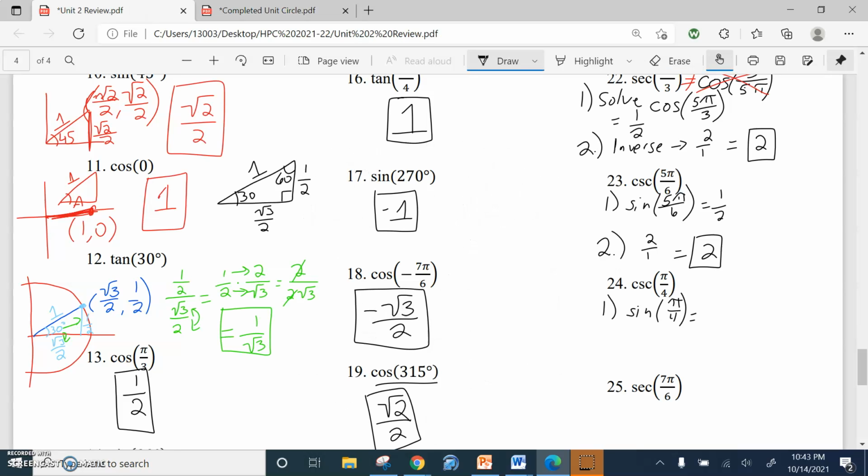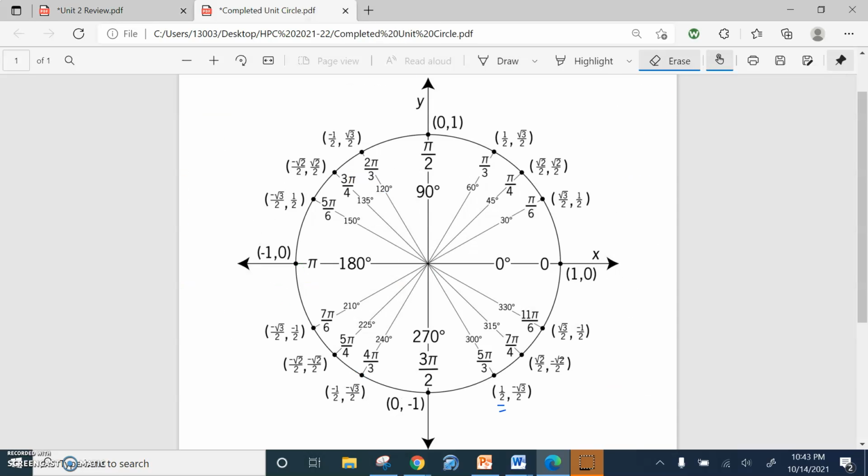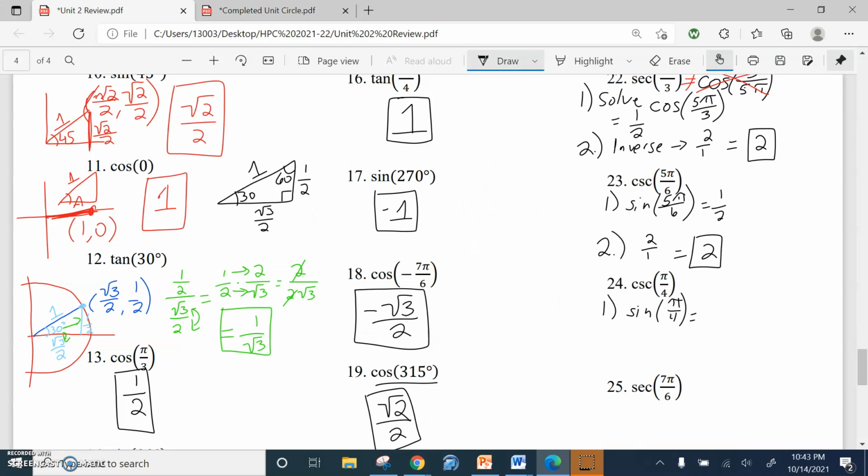But sine of pi over 4, here's pi over 4, right here. Sine is the y value, so our answer is square root of 2 over 2. Step 2, we invert that and say 2 over the square root of 2. By the way, that is also equal to just the square root of 2.